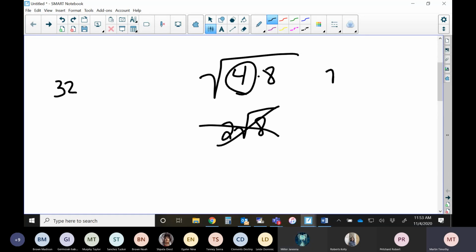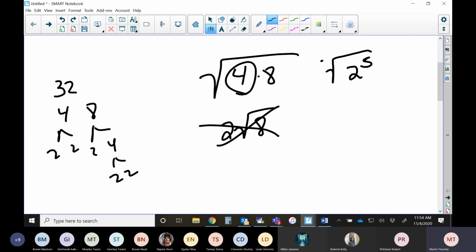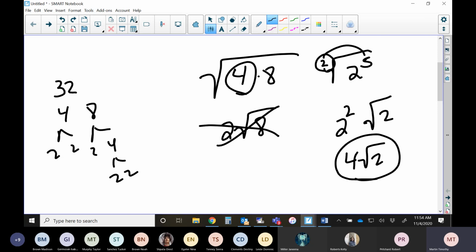Because it should have been 4 times 8, 2 times 2, 2 times 4, 2 times 2. It should have been 2 to the 5th power, which means 2 goes into that 2 times, so I should have got 2 squared out. Square root of 2 left over. 4 square roots of 2 would be the correct answer.